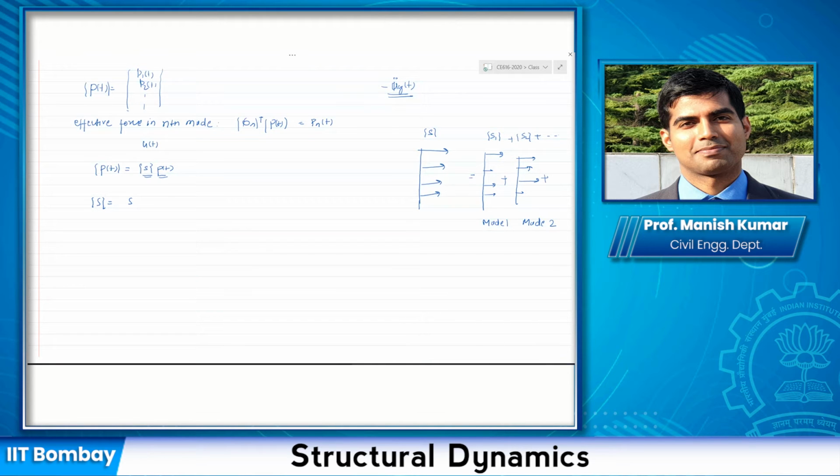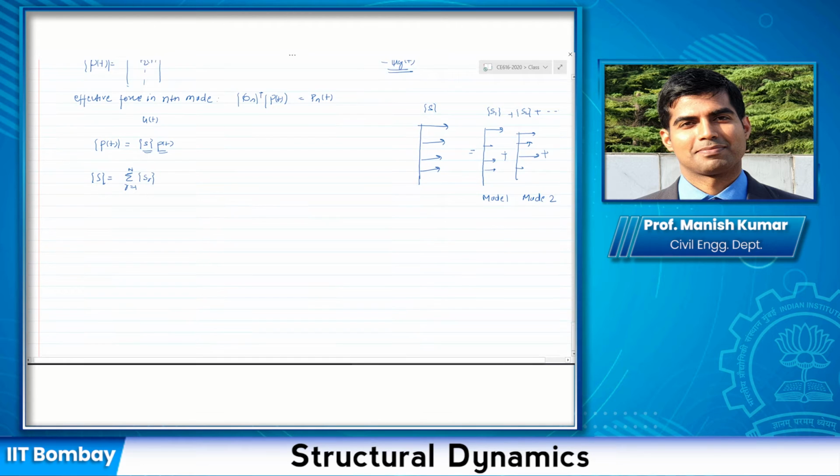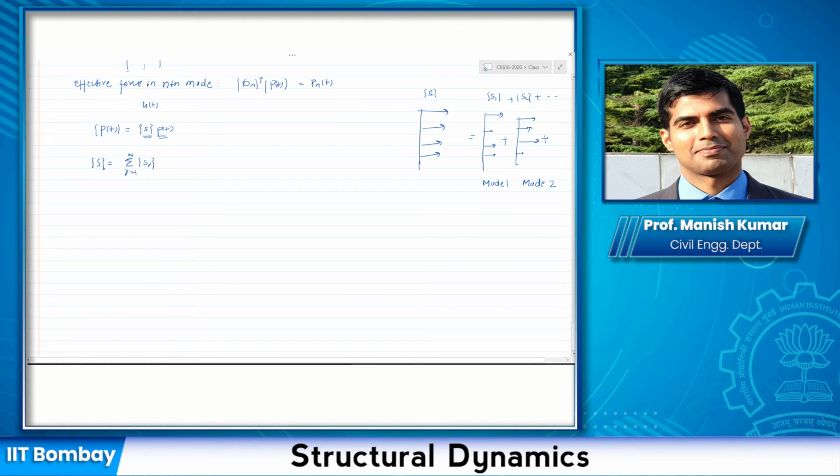Okay, so basically I want to write this as, let us say, the summation over r equal to 1 to N of s_r, so the sum of multiple modes.